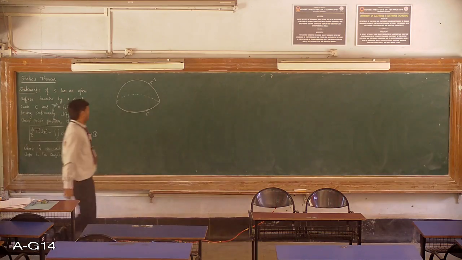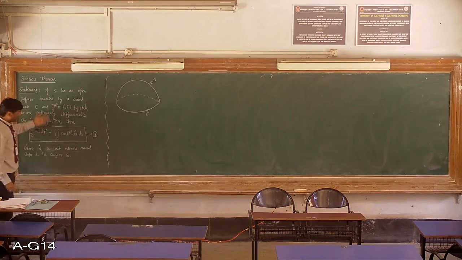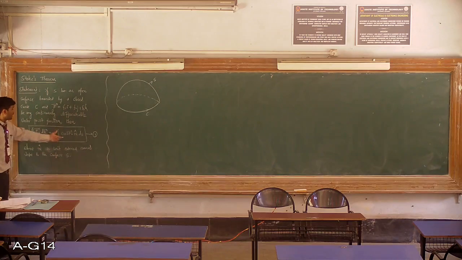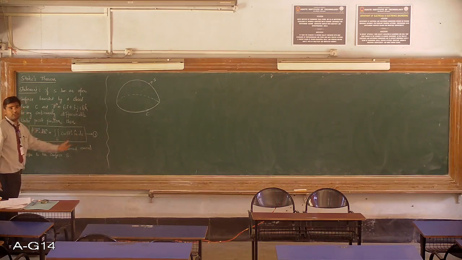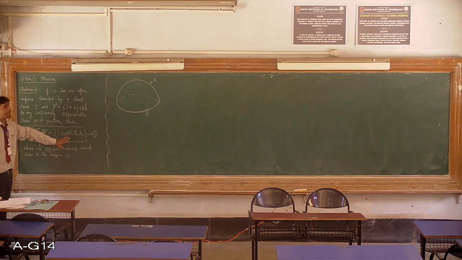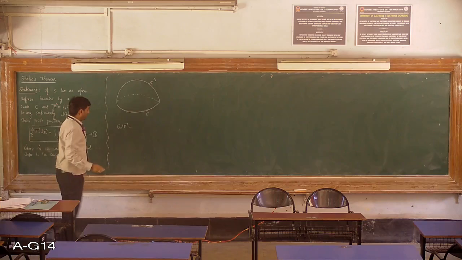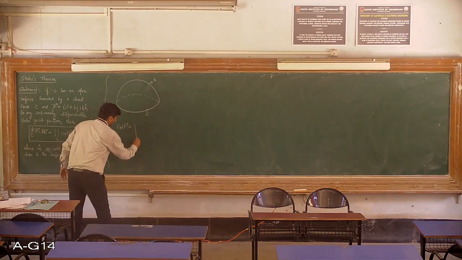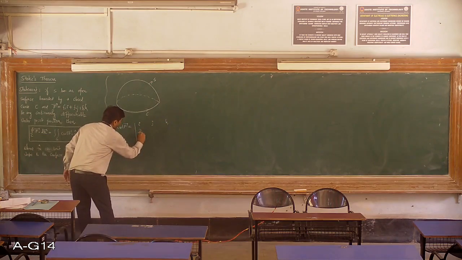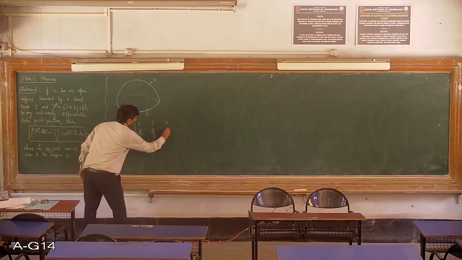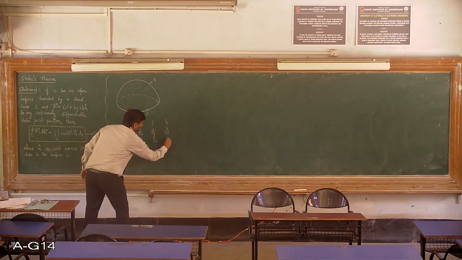Now, if you do examples on this, if they ask you to evaluate a given example using the Stokes theorem, then you need to find curl F, n cap and ds. Finding curl F is the only extra thing, and you know how to find it: the determinant with i, j, k, dou by dou x, dou by dou y, dou by dou z, and F1, F2, F3.